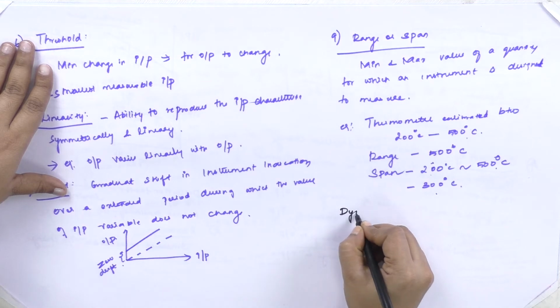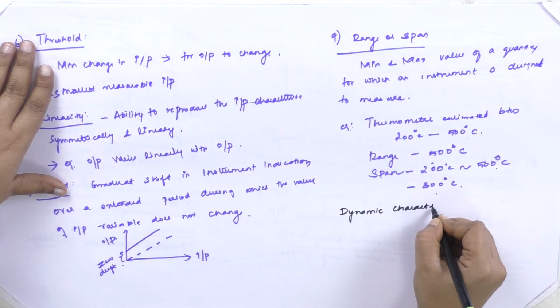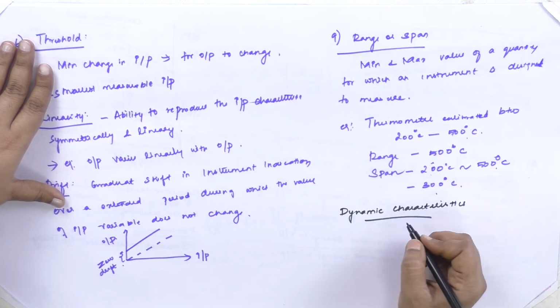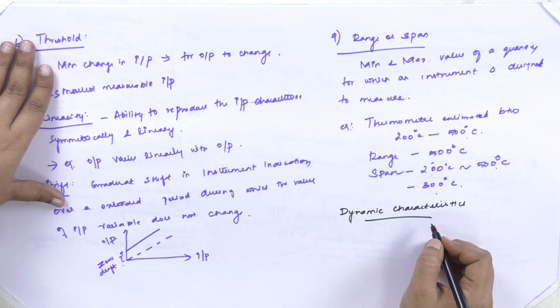Next, we will see the dynamic characteristics of the instrument. We have seen the 9 static characteristics. Now, we will see what dynamic characteristics are.